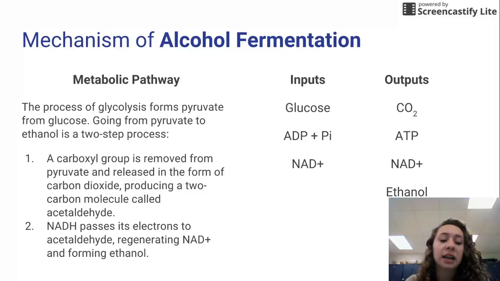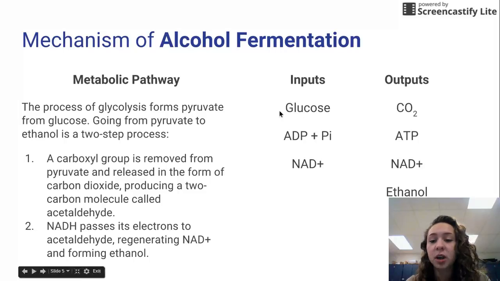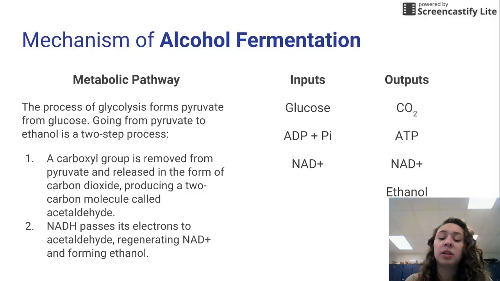Then NADH passes its electrons to acetaldehyde, regenerating NAD+ and forming ethanol. So the inputs are glucose, ADP, and NAD+, and the outputs are CO2, ATP, NAD+, and ethanol. You can see that NAD+ is both an input and an output because it's going in a cyclic form.